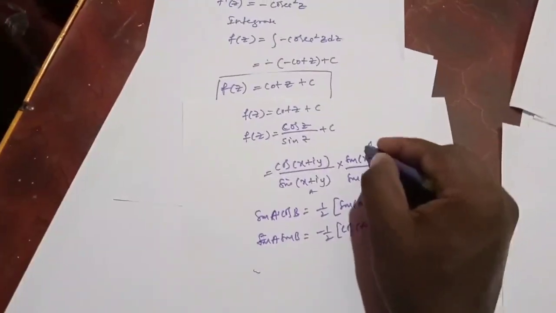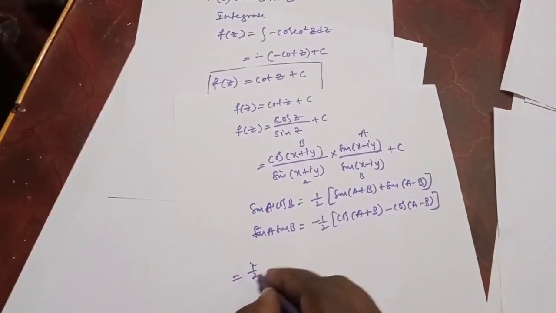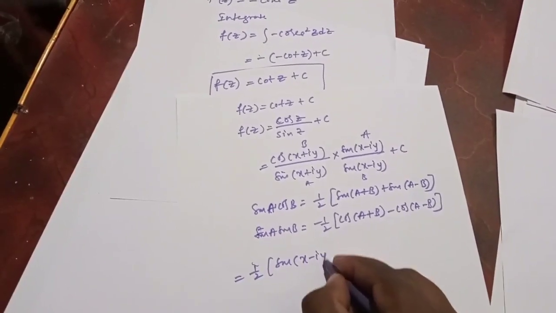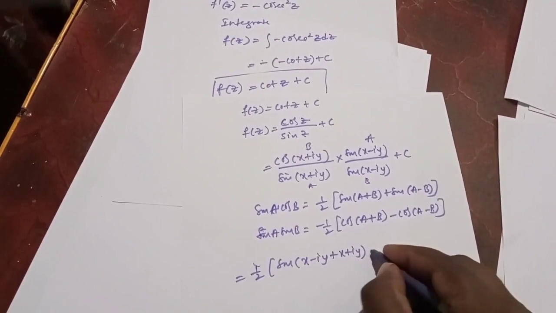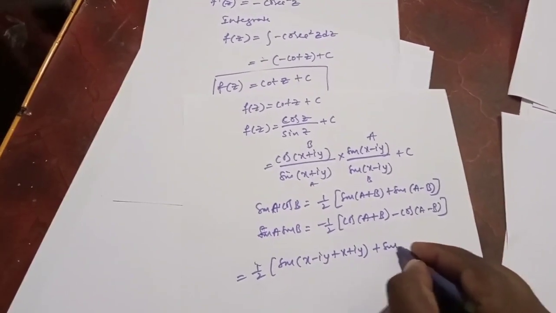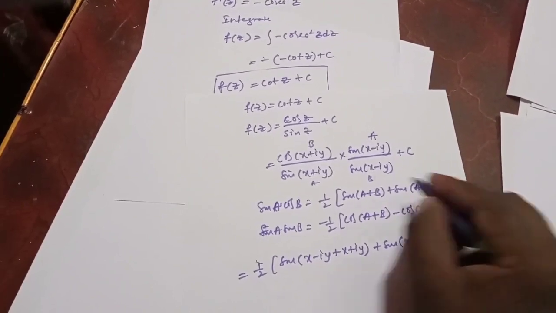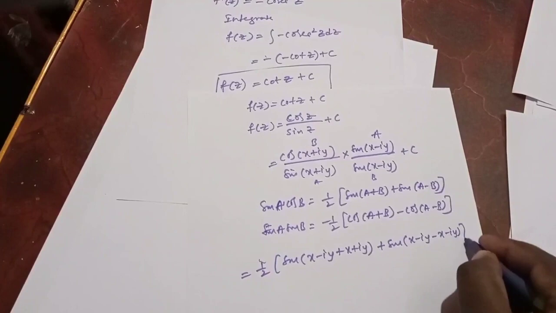Here this is our a, sin a cos b: 1 by 2 times sin of a plus b. Here a is x minus iy plus x plus iy, plus sin of a minus b, x minus iy, here b is x plus iy, multiply that with negative sign, minus iy.